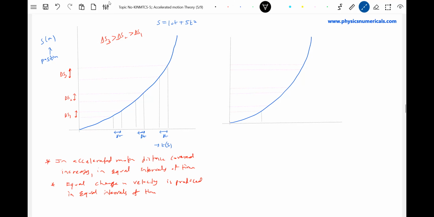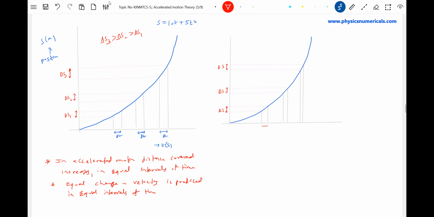Okay, let's see what will happen to this. Are you noticing any difference? So the delta S is the same. What about delta T?